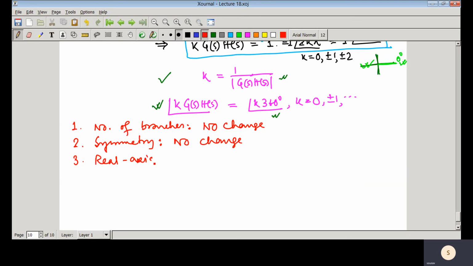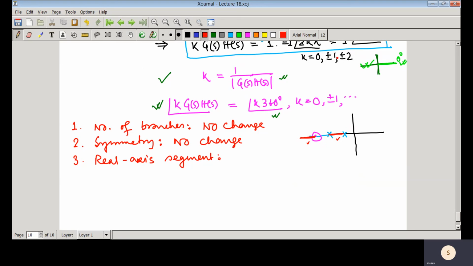Here there would be a change in that real axis segment, because you can understand that suppose you have a pole here and another pole here, and suppose you have a zero here. In case of negative feedback, what we have seen is that this particular segment would be the part of that root locus.